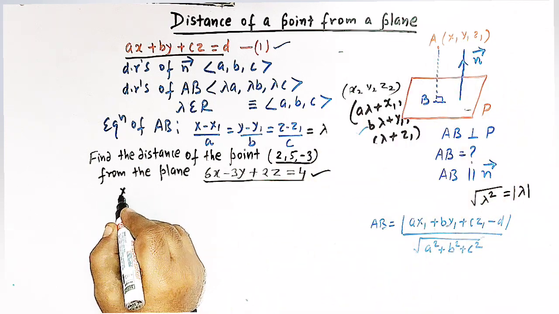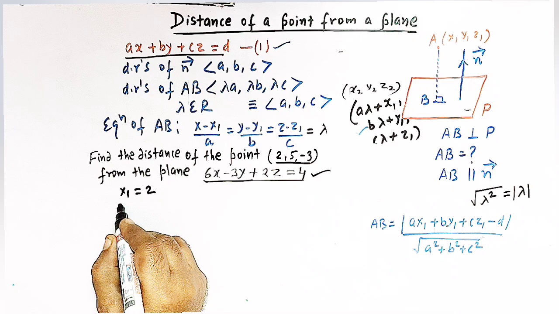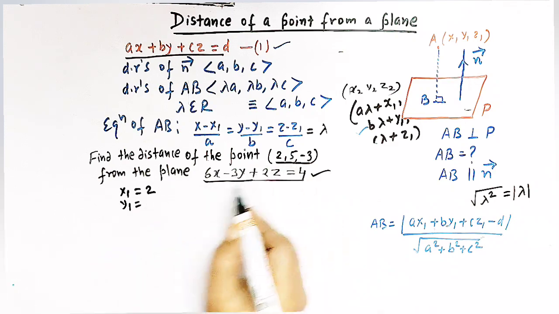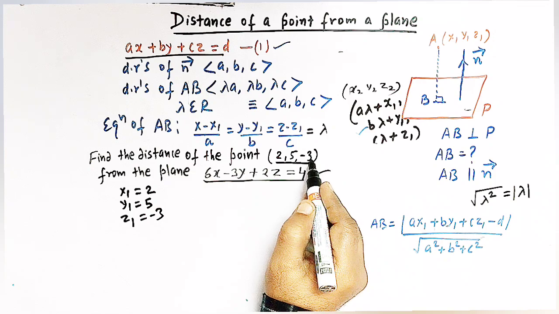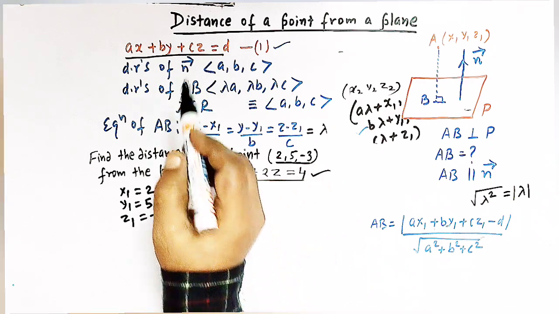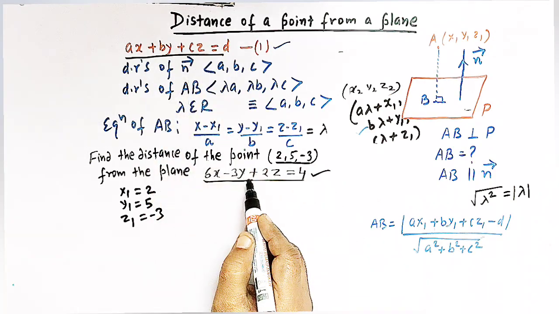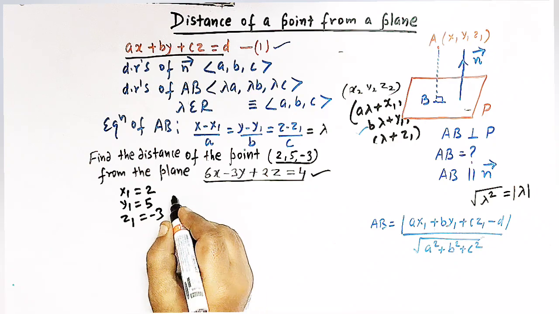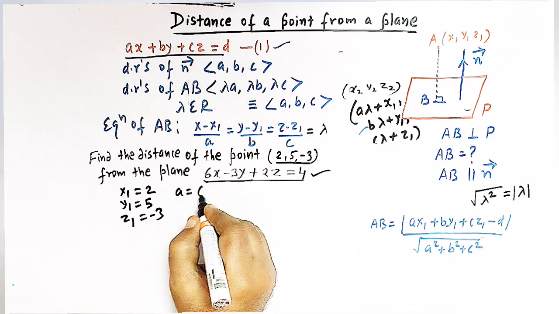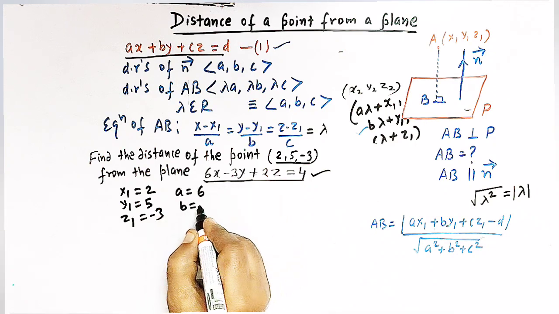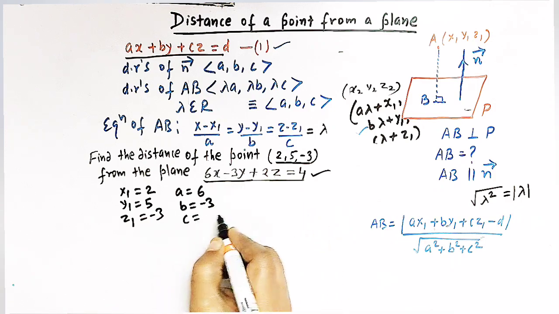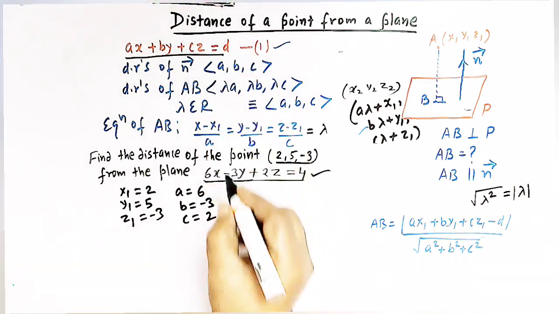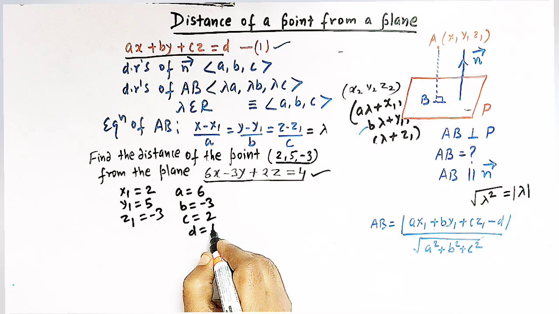So we have x1 is equal to 2, y1 is 5, and z1 is minus 3. And if we compare the equation of the plane with this one, then the value of A is 6, the value of B is minus 3, the value of C is 2, and the value of D is 4.